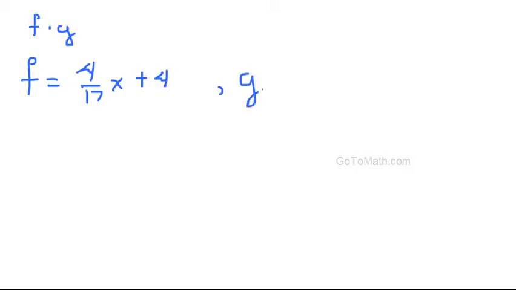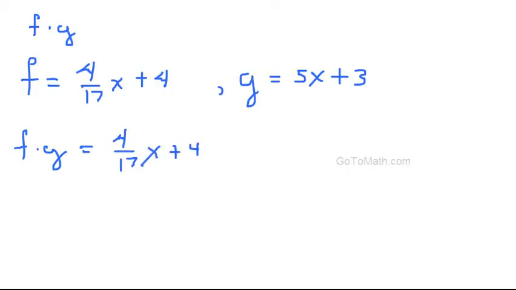Okay, so we're wanting to find f times g. f is equal to 4/17 x plus 4, and g is equal to 5x plus 3. Okay, so we're wanting to find f times g, so we're going to have 4/17 x plus 4 and 5x plus 3.